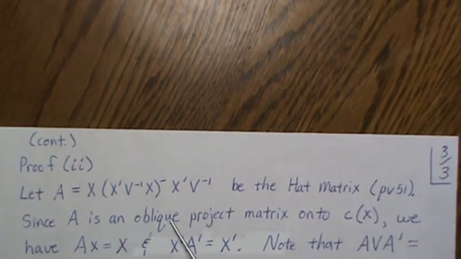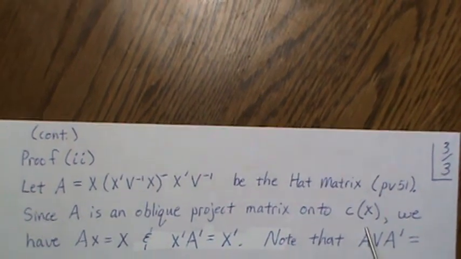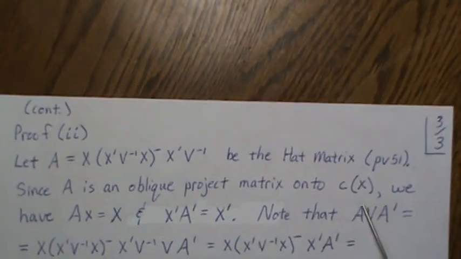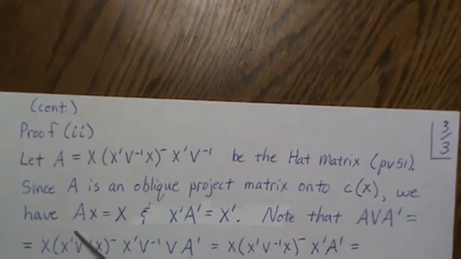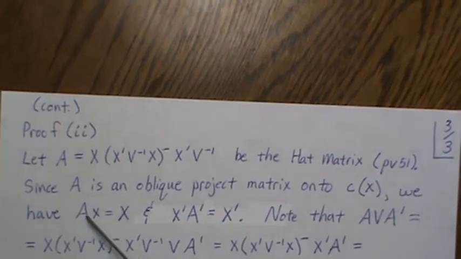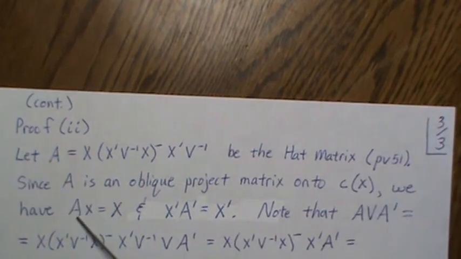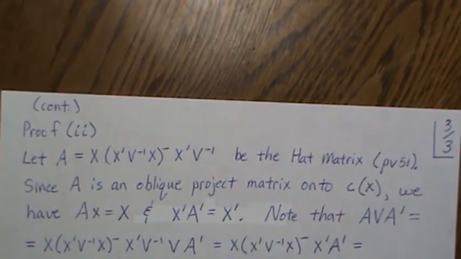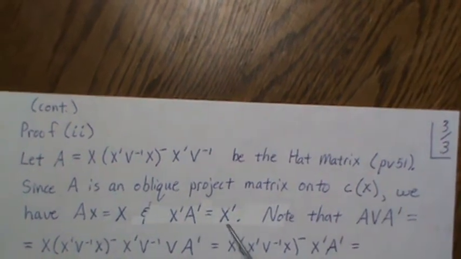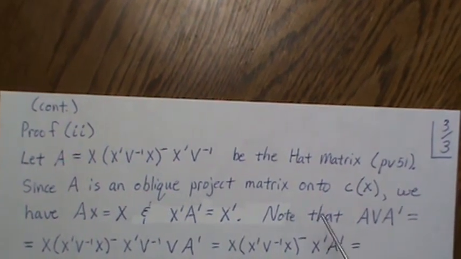So A is an oblique projection matrix onto the column space of X. And we prove it in PV 51. And so that means AX is equal to X. So anything in the column space of X pre-multiplied by this oblique projection matrix projects it back down into itself. But notice if we take the transpose of both of these, it's also true.